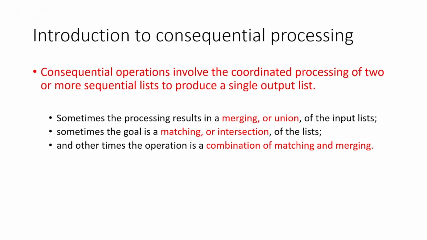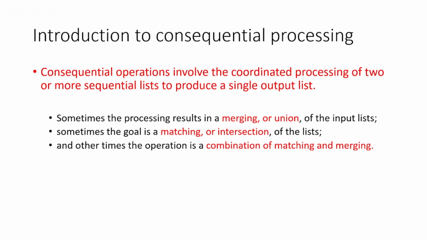So it involves the coordinated processing of two or more sequential lists to produce a single output list. So what exactly happens is you will be having two or more lists of records, and you are going to produce a final output list.